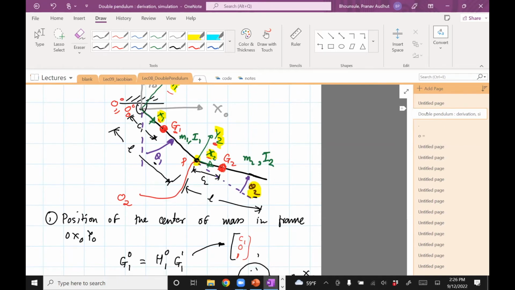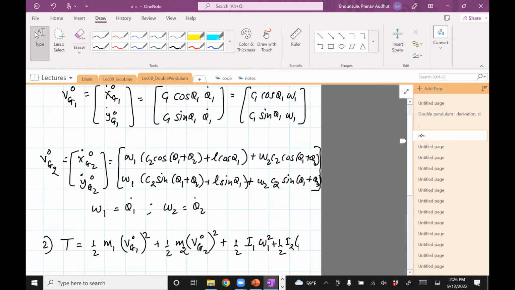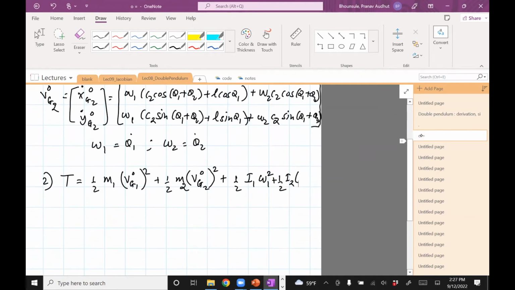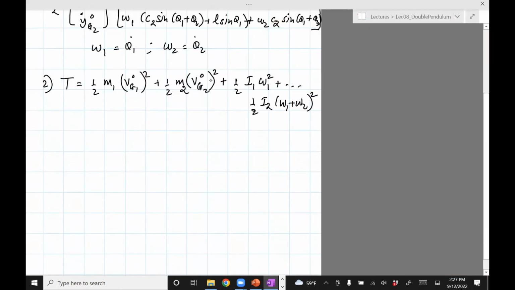We always want to write the speed with respect to frame 0. So it will be the sum of the two, because the direction is counterclockwise with respect to the y-axis, so it's theta 1 plus theta 2 and not minus anything else. So plus half I2 times omega 1 plus omega 2 squared. Okay, we're done with kinetic energy.